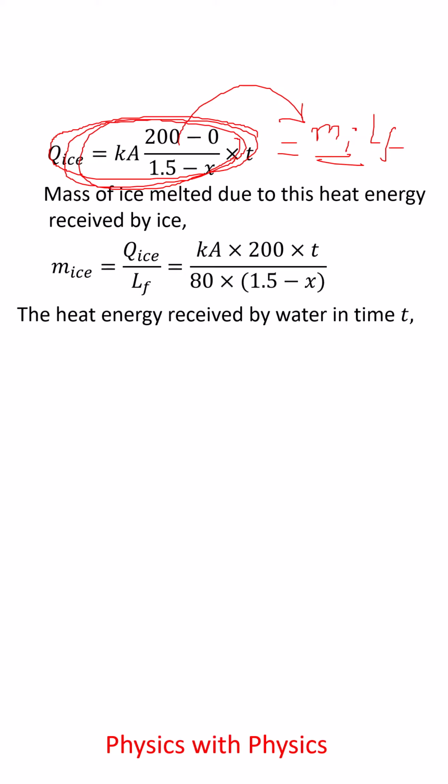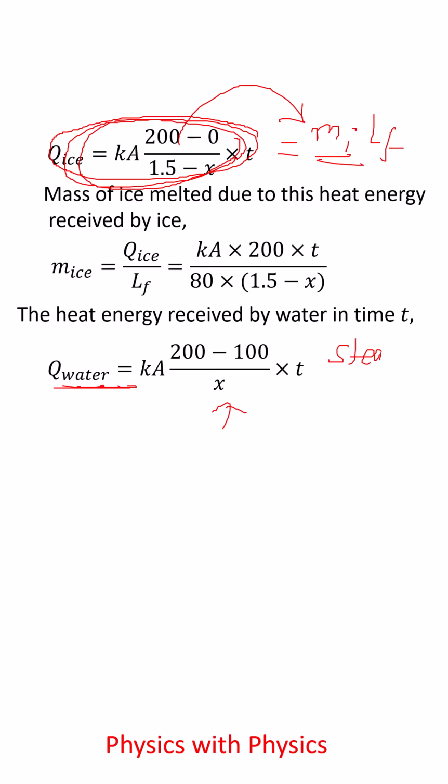The heat energy received by water in time t is this much, and this heat energy that is being received by water changes water at 100 degrees Celsius to steam. That's why this expression becomes M latent heat of vaporization, and this M means mass of evaporating water.